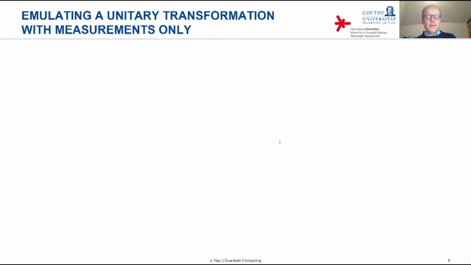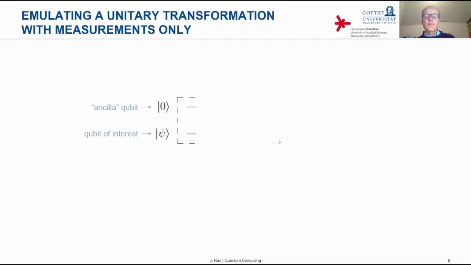I show you a very, very simple circuit which illustrates the basic idea. Imagine you have just a single qubit in an arbitrary state psi. This is the lower state that I noted here on this page.